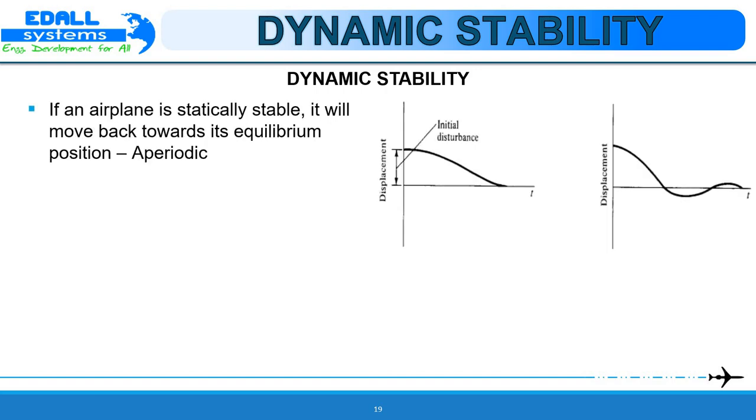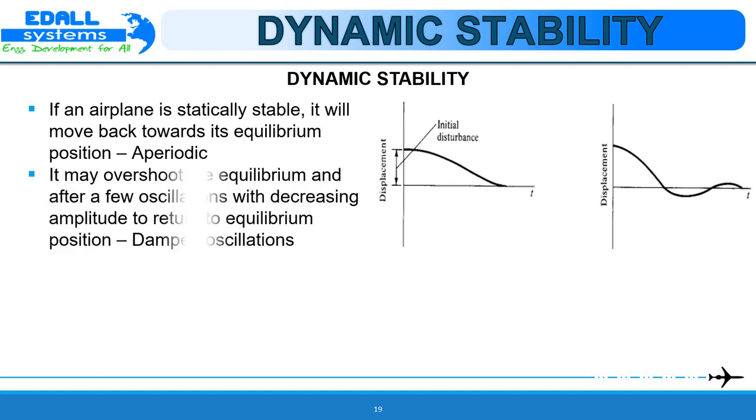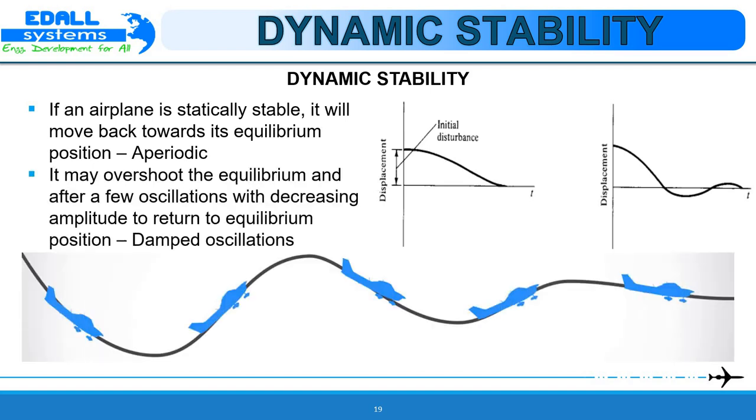Dynamic stability. If an airplane is statically stable, it will move back towards its equilibrium position. It's called aperiodic. It may overshoot the equilibrium and after a few oscillations with decreasing amplitude return to the equilibrium position, which is called damped oscillation. Imagine an aircraft trimmed for level flight and you pull back on the yoke and then let it go.